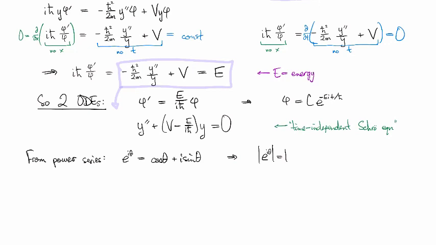Okay, so that tells you that this phi that we found is an oscillatory function with magnitude equal to 1. Actually, here, let me remove that constant. Boom. Okay. Now it is definitely equal to 1.